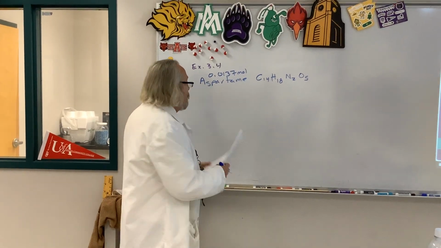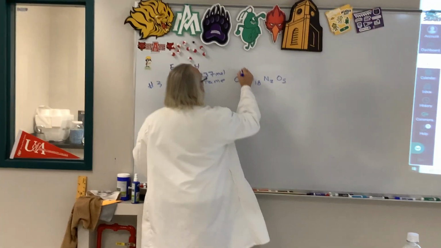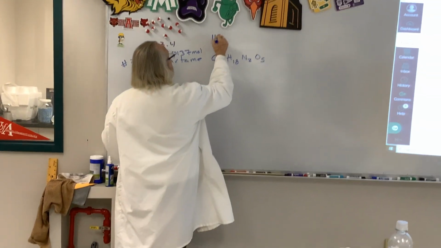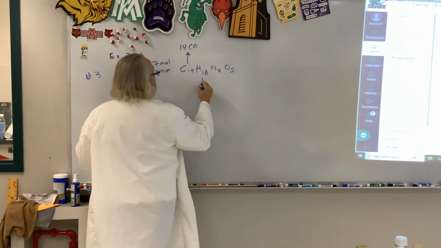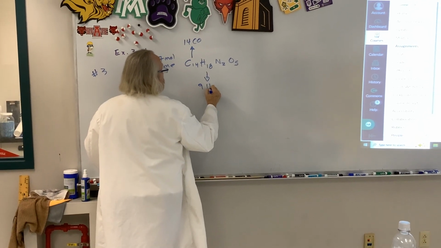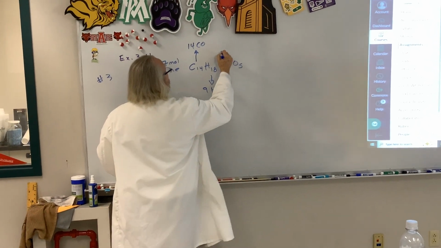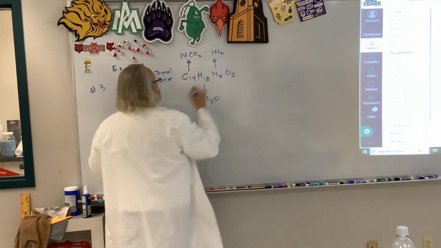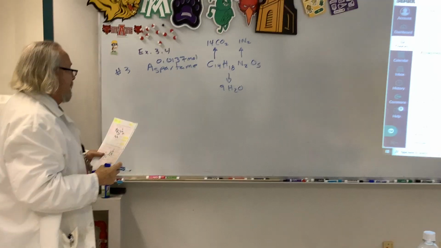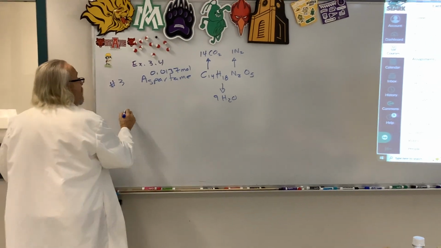But if I want to do this quantity, all I need to do is multiply it by 14 for the CO2, by 9 for the H2O, and by 1 for the nitrogen that will be produced by its complete analysis. So let's do it.